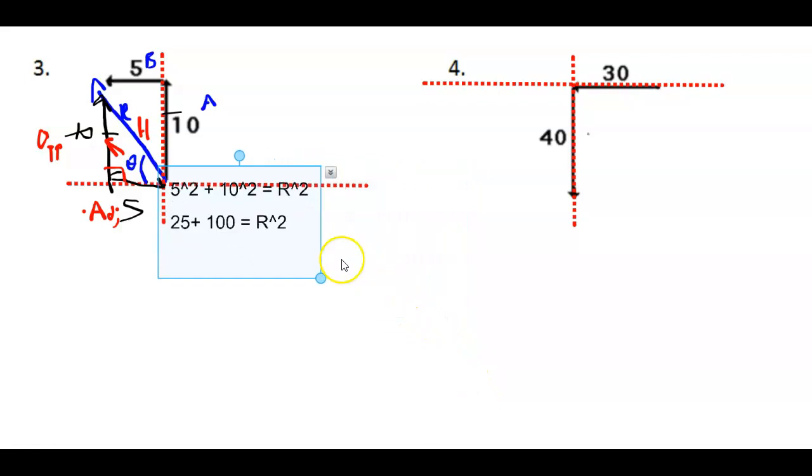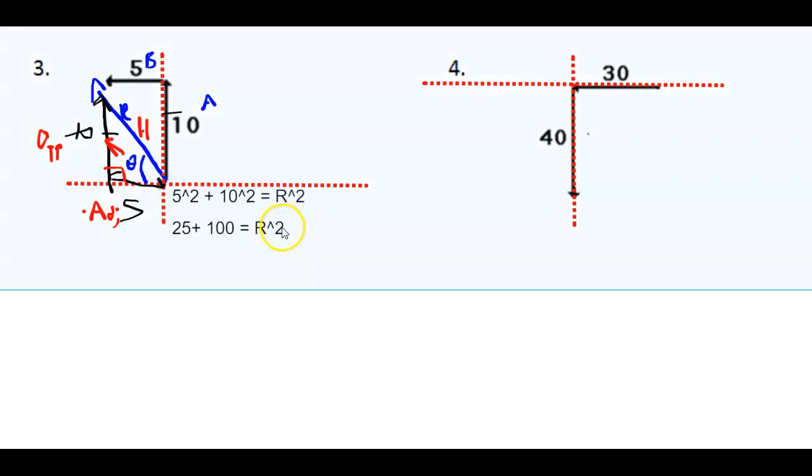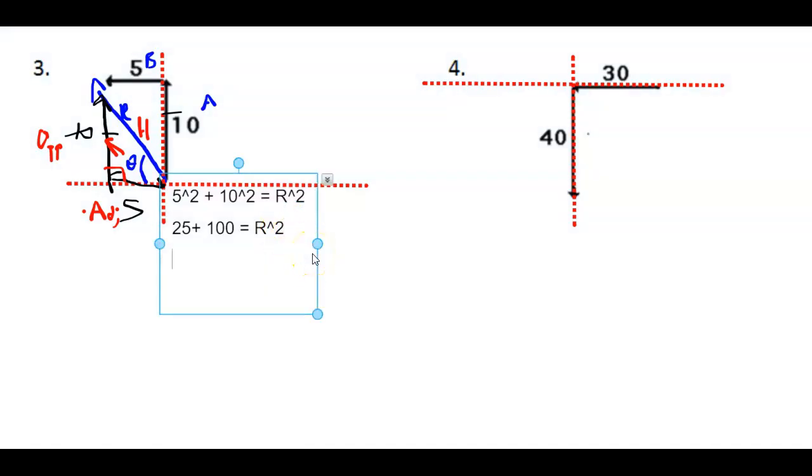Shrink this down so it's a bit better. There we go. So 125 equals r to the second power, and you're going to take a square root. If you put that in your calculator, you should get r is equal to 11.2.